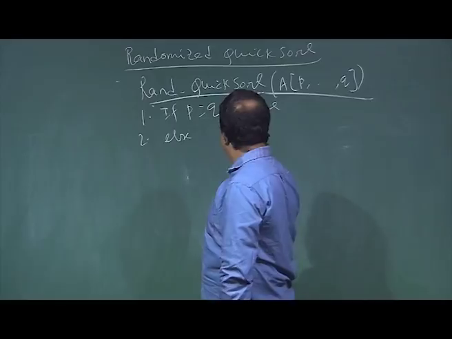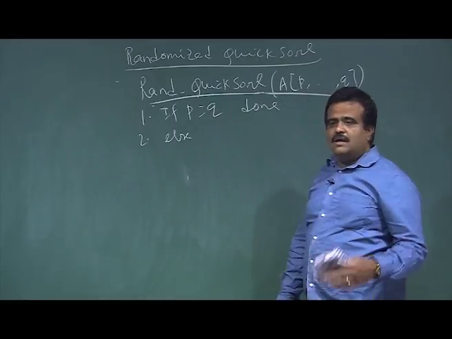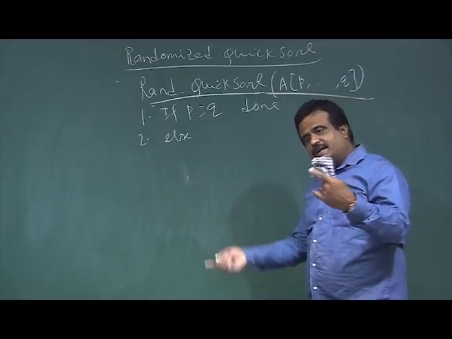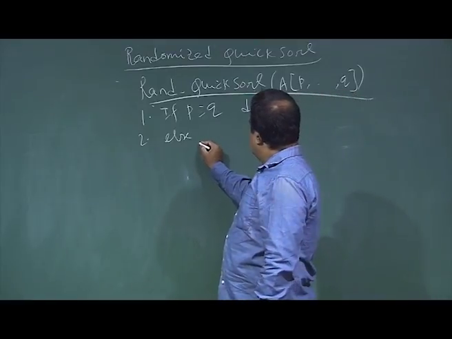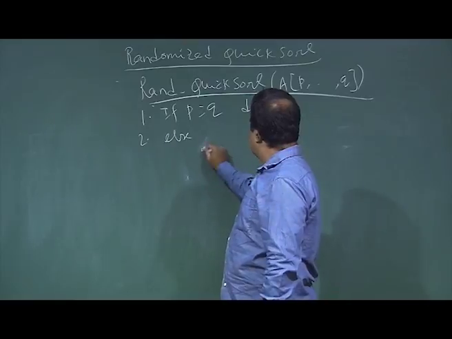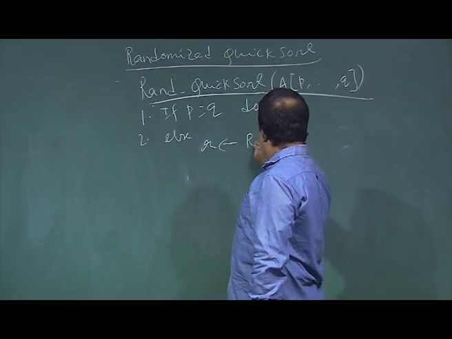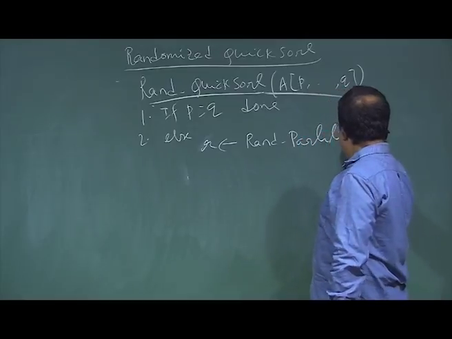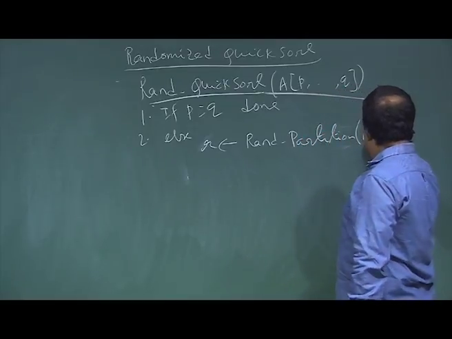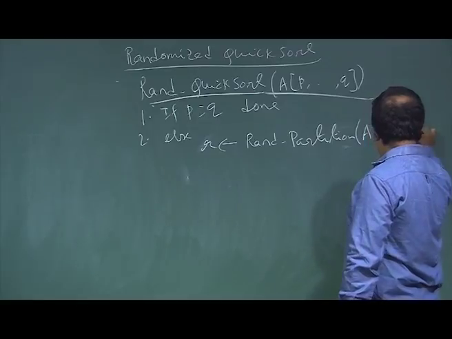Else, we have to call the partition algorithm, and that partition should be a random partition. So we say r is equal to random partition from p to q.